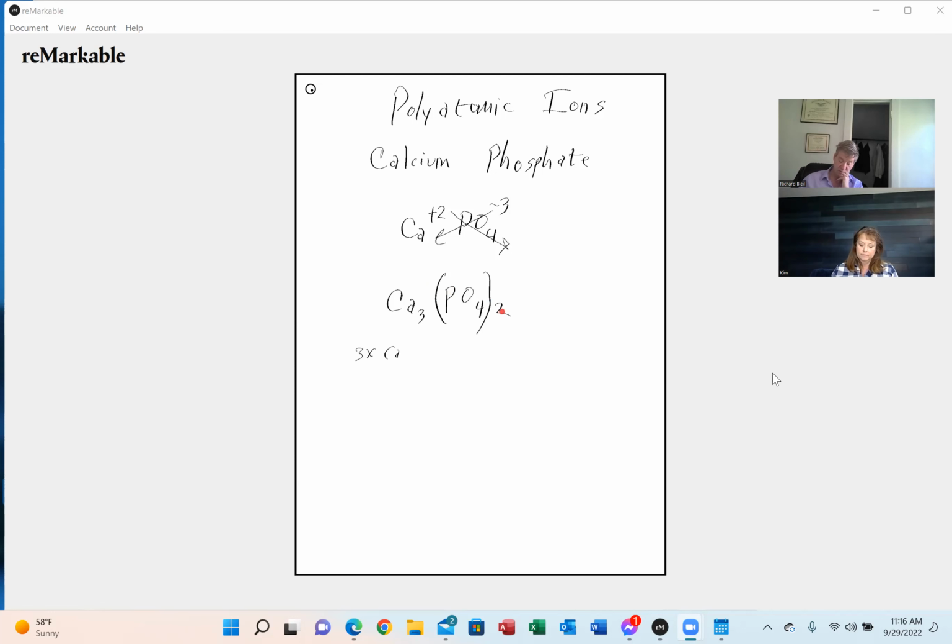And this 2 applies to the phosphorus. So we have 2 phosphorus. And of course, we have 4 oxygens. We have 4 oxygens, am I right?